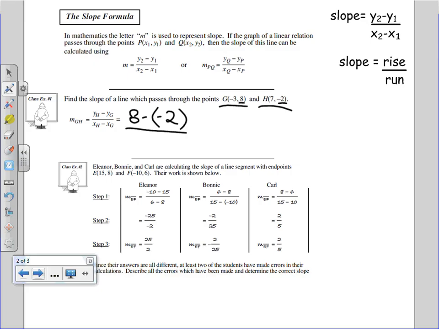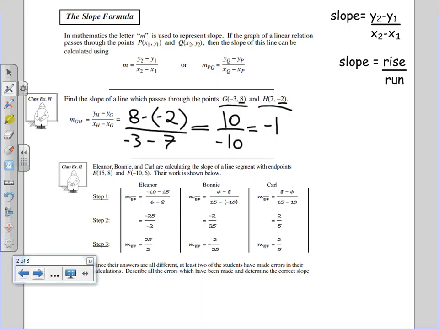And now we have to use the same point, so we choose negative 3 minus 7. What does that get us? On the top, it should get you 10. On the bottom, it should get you negative 10. What's 10 divided by 10? 1. Right, so the answer is negative 1.